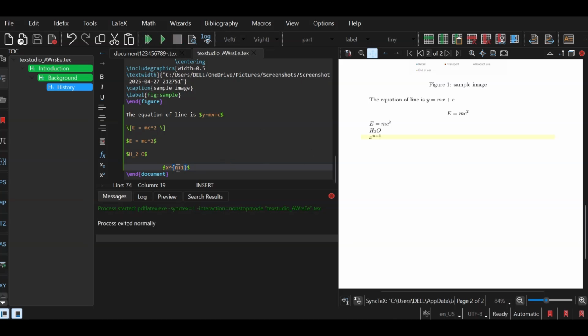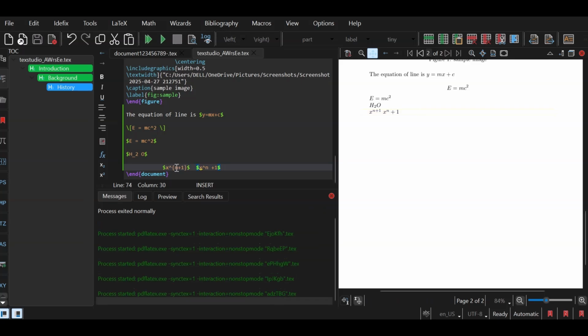If you don't mention braces then it gives something else, like x square and then plus 1; only n is in your power and plus 1 is on your normal line. So if you want n plus 1 to be in your superscript, then you mention braces.